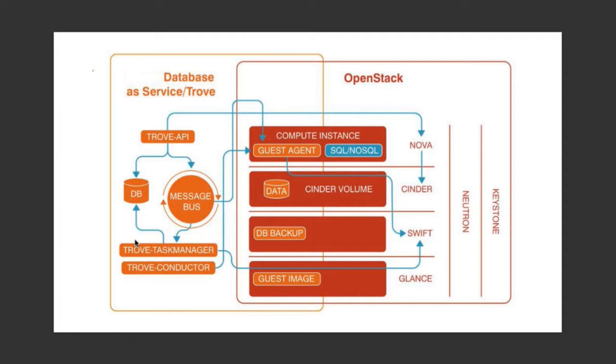When a Trove create command is passed, it essentially takes a few essential parameters apart from other things like the image ID, the flavor, and the network information, and also the files to be injected onto the instance. Such a request is placed on the message bus, and the Trove Task Manager picks up the request and sees that it's a Nova instance that needs to be created.